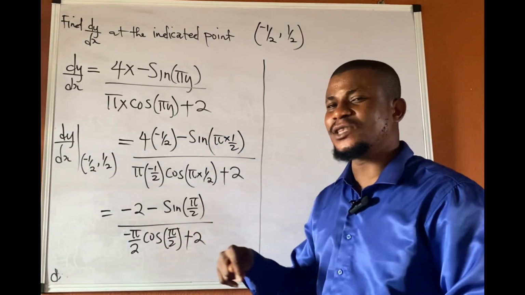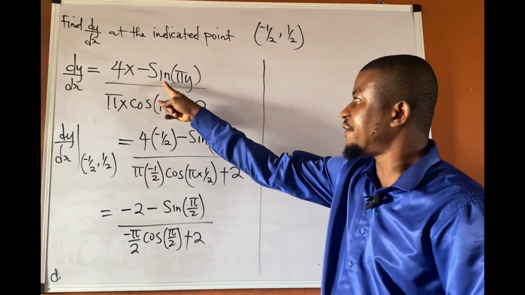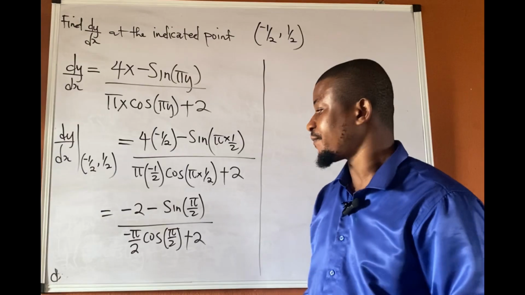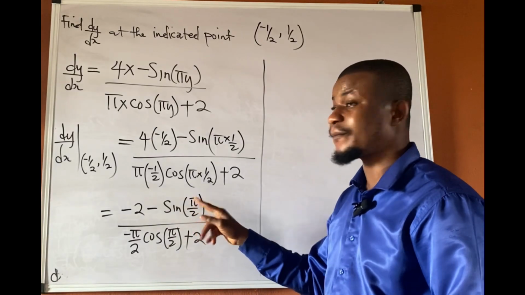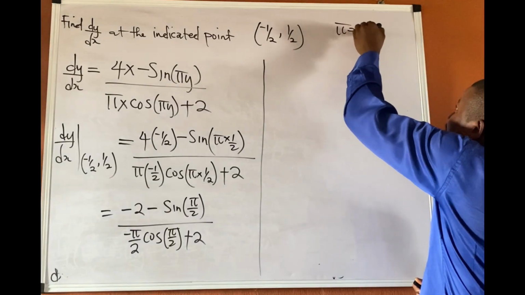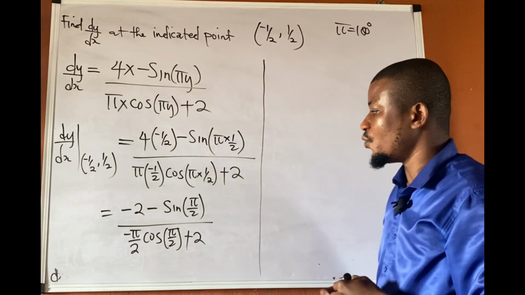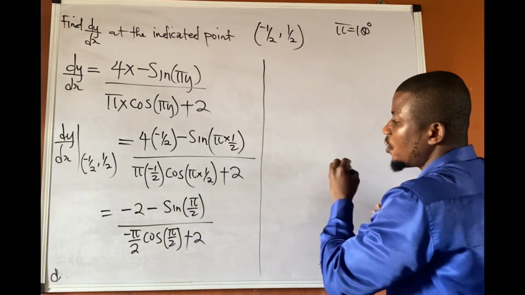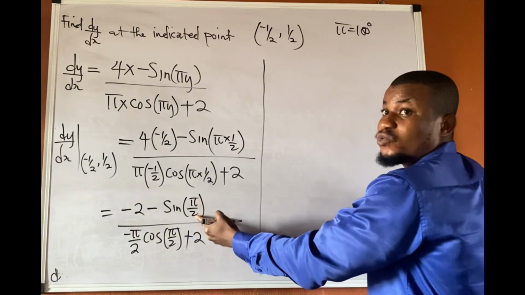Now, it is important to note that sine is a trig function. Sine x, cos x, they are trig functions. In trigonometry, pi is given as 180 degrees. So if we continue with that, this is like pi over 2.